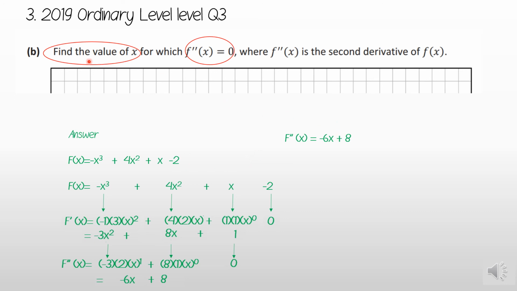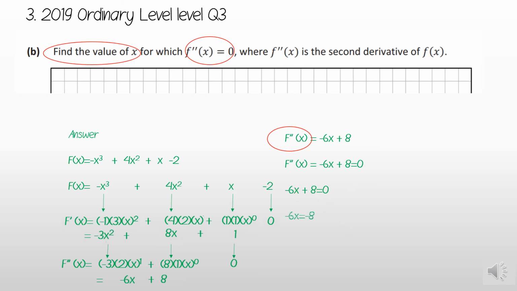So you're looking for x, so find x in this function here that we found, and then we let it equal 0. So we have f double dash, which is minus 6x plus 8, we found that, we let it equal 0, and we solve for x.